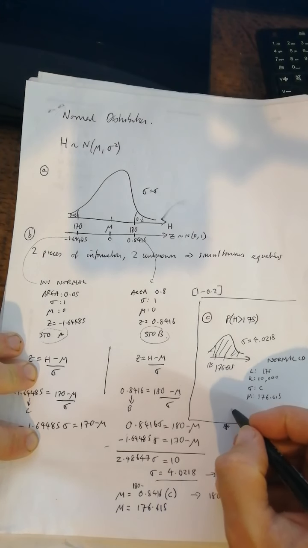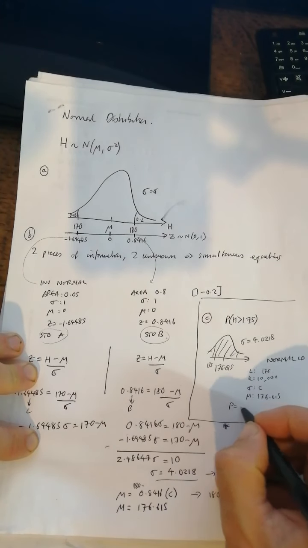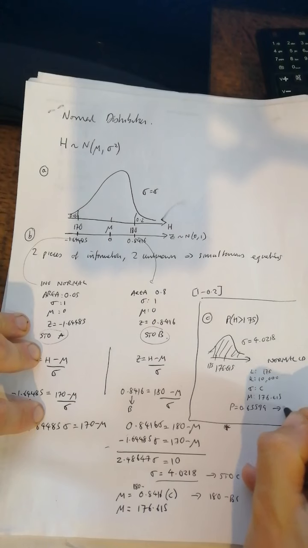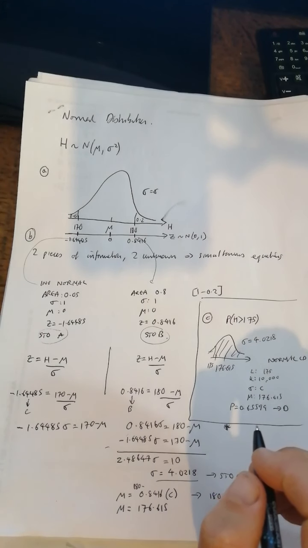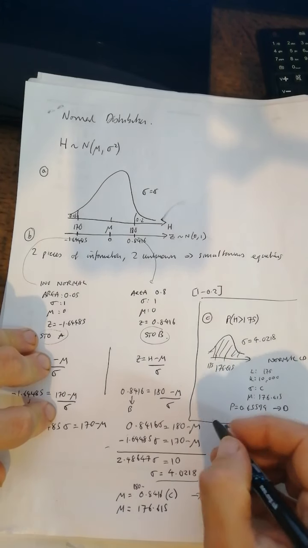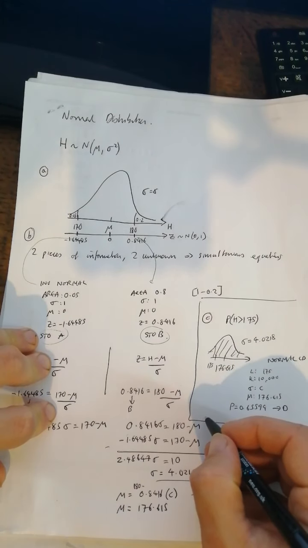And we get P equal to 0.65599. I'm going to store that as D. Then for all of them to be taller than that, the probability that all three are bigger than 175 is D to the power of 3.